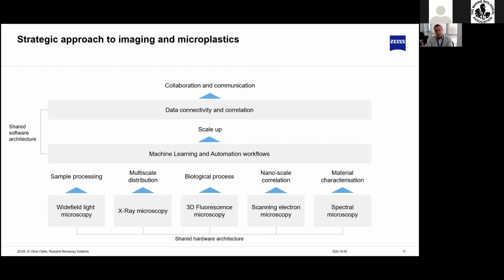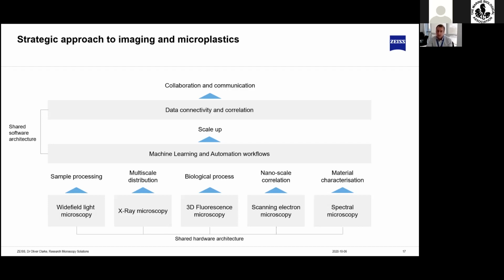And then from that scale up, we're going to create a lot of data. So connectivity and correlation is going to be very important. You must have open source workflow and correlation platforms, and we need to have the ability to connect this data very easily. And again, at Zeiss, we have a shared software architecture that makes this easy. I don't want to make this too much of a Zeiss pitch because it's a general topic, but that is an industry direction to get the acquisition and then the connectivity tied up in the same kind of environment.